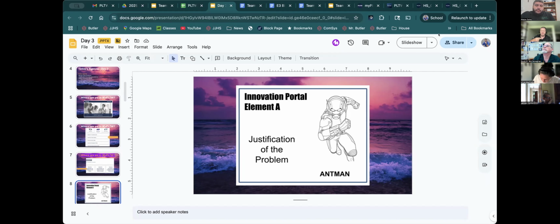In element A, you're going to start to identify who these stakeholders are and talk about different associations revolving around these student projects. But before they go out and share their top three problems with me, I make sure they're doing a little bit of surface research as they go through this process.